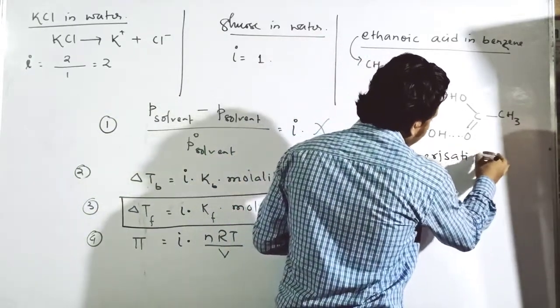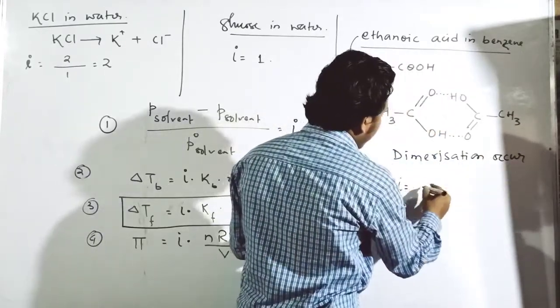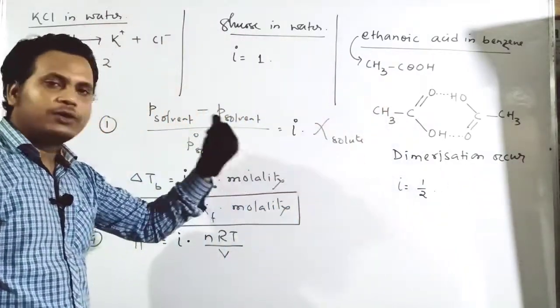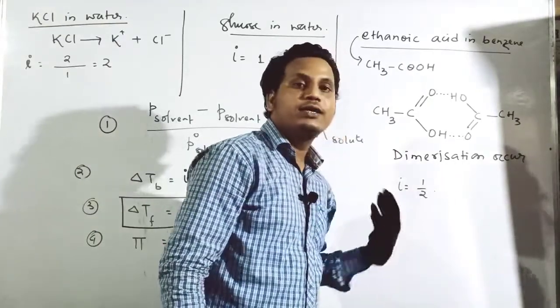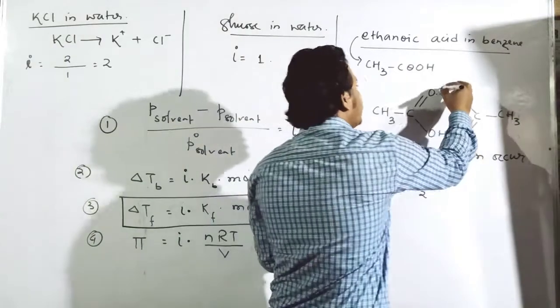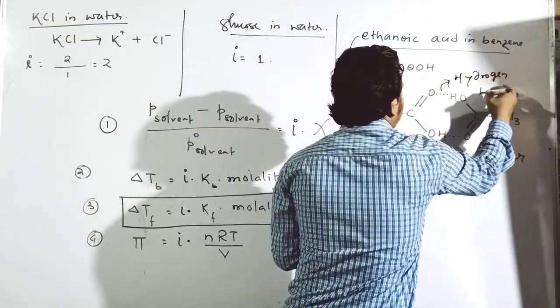So if dimerization occurs, what is the value of i? i is half. Earlier we have discussed this part already. So if dimerization occurs, the value of i is half. How does dimerization occur? With the help of hydrogen bonding.